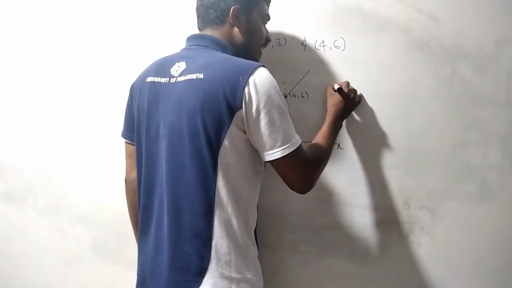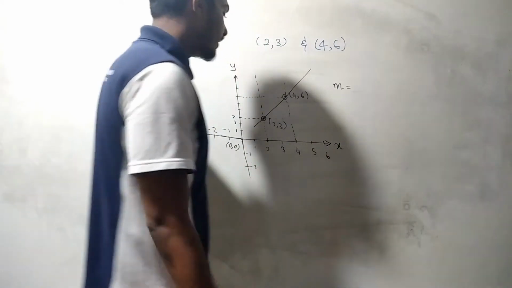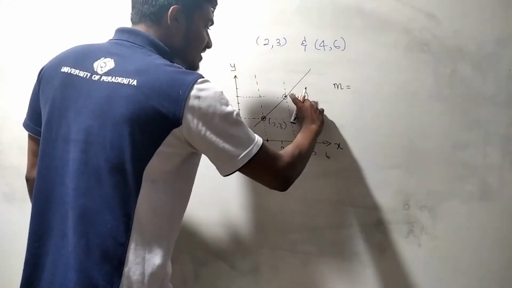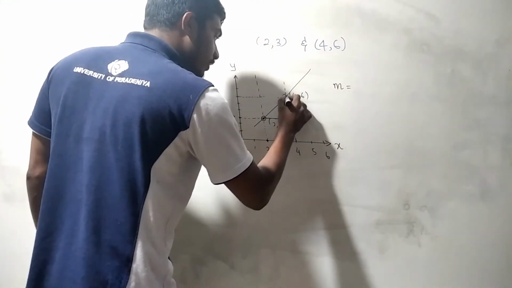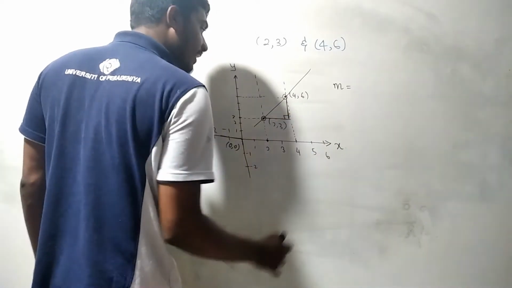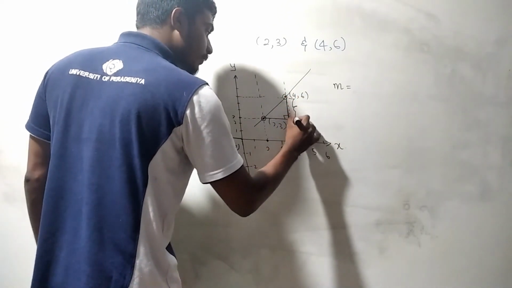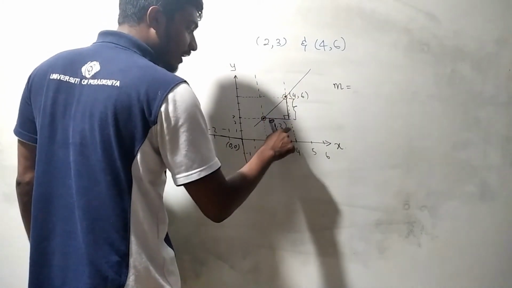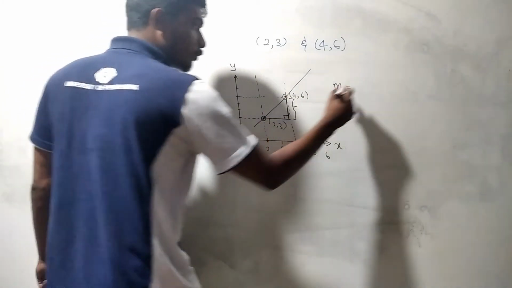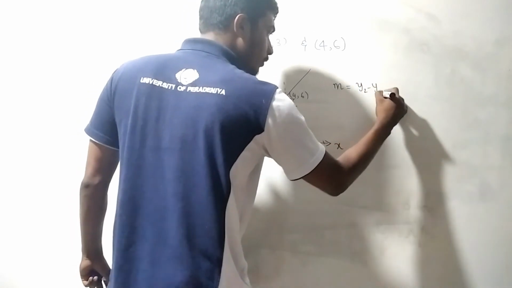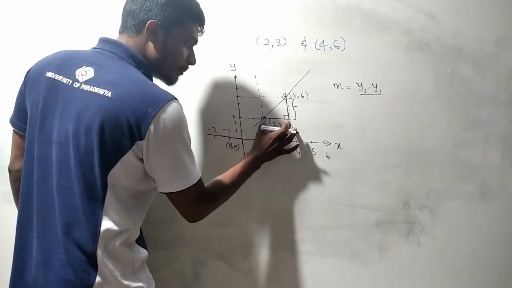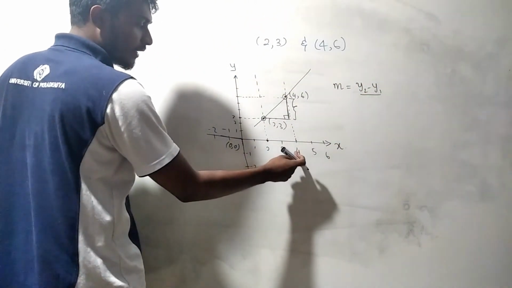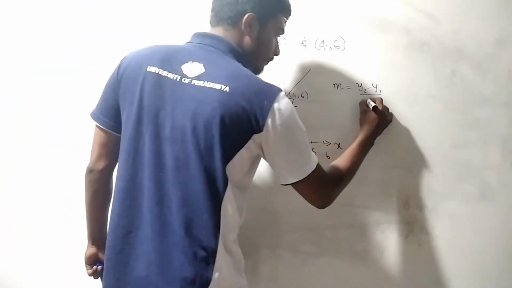Now, how are we going to find the gradient? The equation for the gradient is the separation between the y values. If you consider a right angle triangle like this, with y2 and y1, the gradient is y2 minus y1 over the separation between the x values, x2 minus x1.